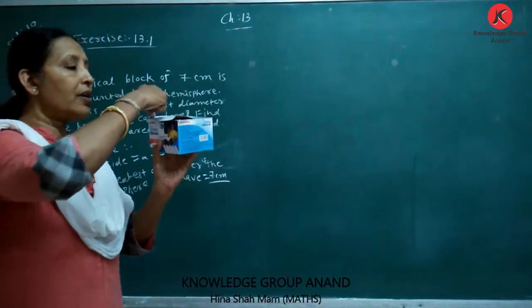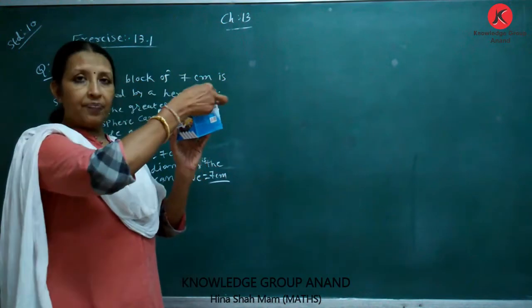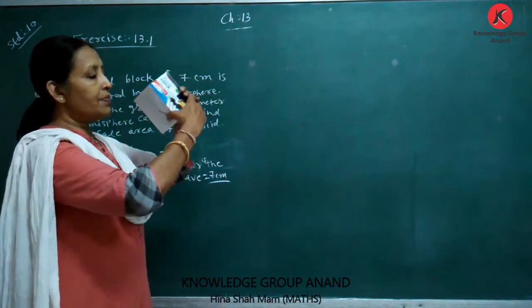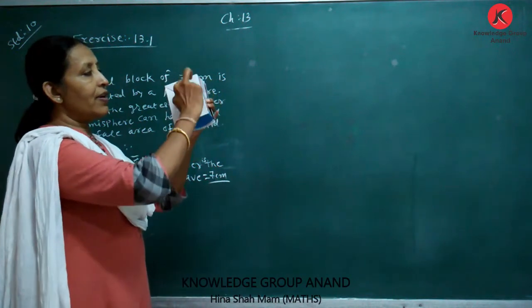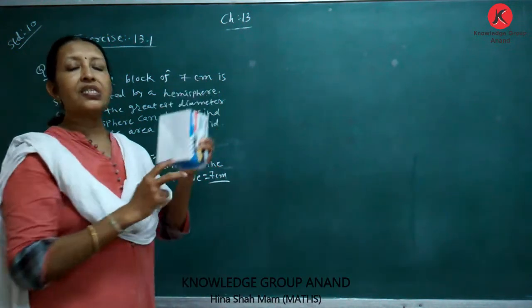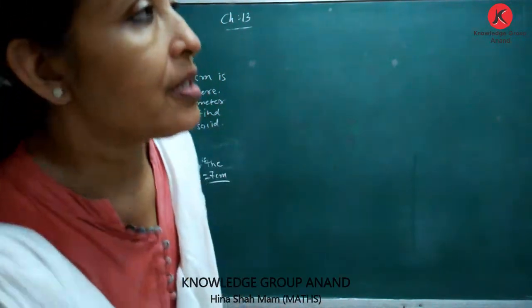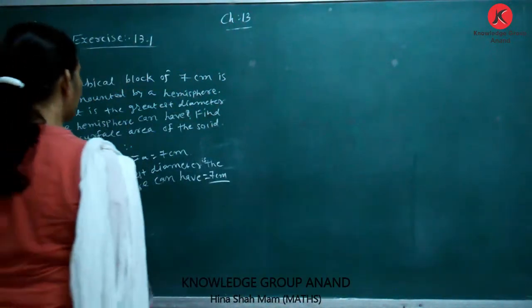Suppose the block is like this, the hemisphere's diameter is also the measure of this side, then it is 7 centimeter. The length of this side is equal to 7 centimeter, then the diameter is equal to 7 centimeter.